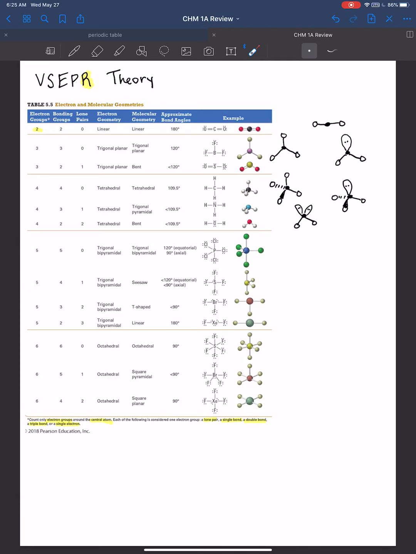All right, now let's say our molecule has 5 electron groups. So 5 bonded groups, 0 lone pairs to start. That is a trigonal bi-pyramidal geometry. And these molecules have 2 bond angles. So this is what it looks like here. Let me draw it on the paper.